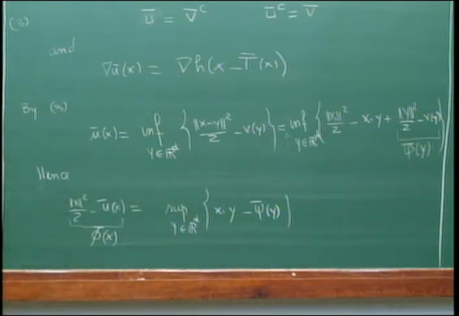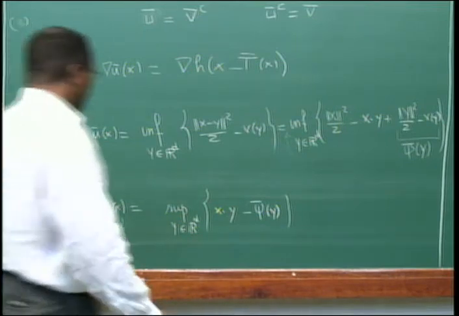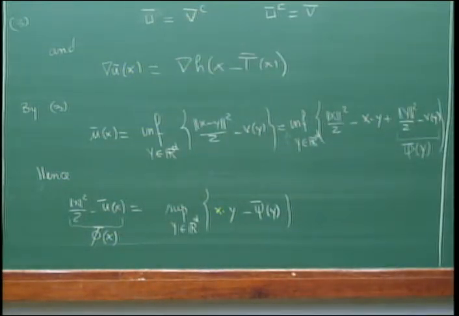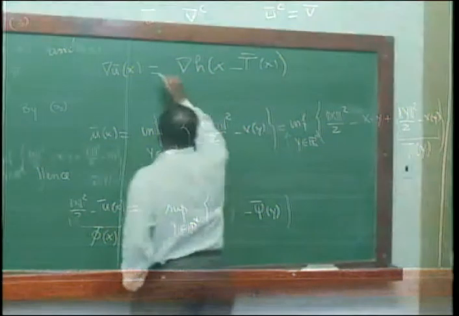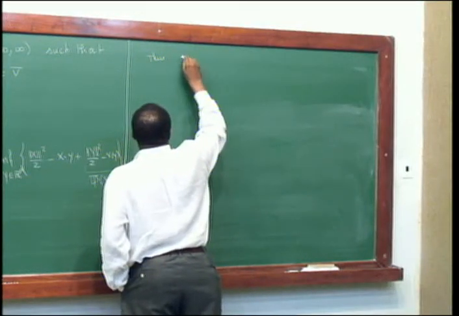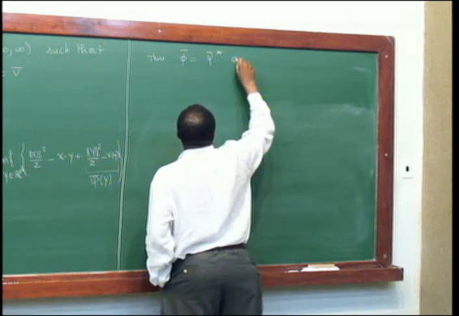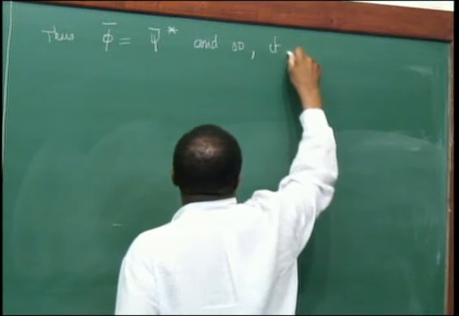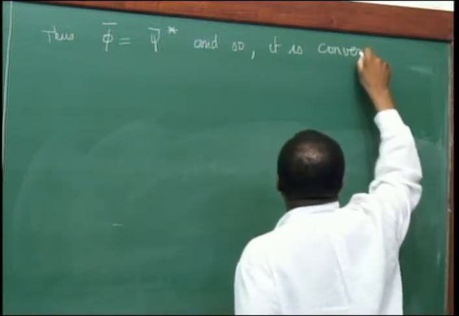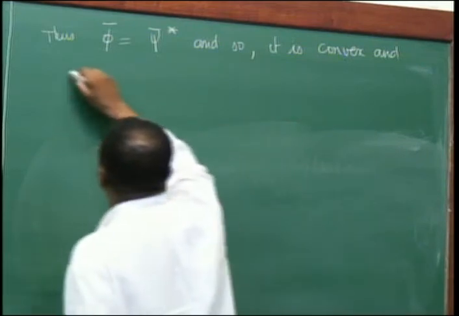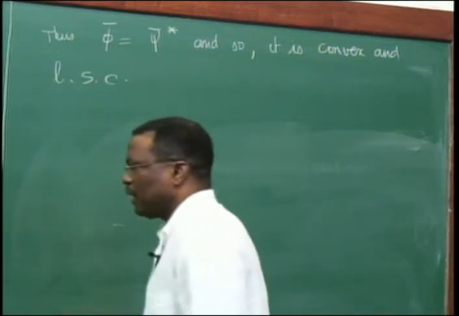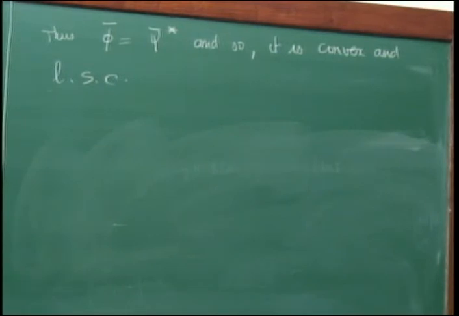Therefore, it is convex and lower semi-continuous, as a supremum of convex and lower semi-continuous functions. Thus, phi bar equals psi star, and so it is convex and lower semi-continuous as a supremum of lower semi-continuous functions.